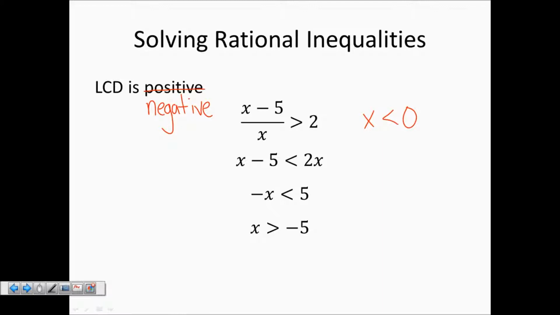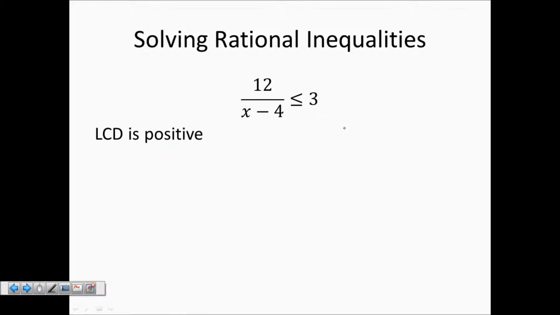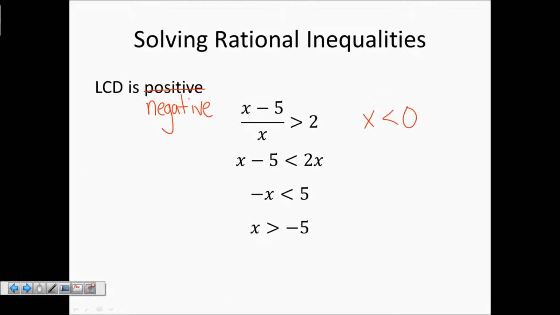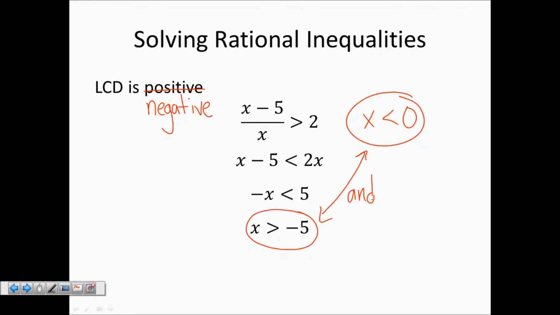Now, do these two agree? Can x be less than 0 and be greater than negative 5? Is it possible for these two to agree? Yes, it is. Excuse me, I wrote that wrong.